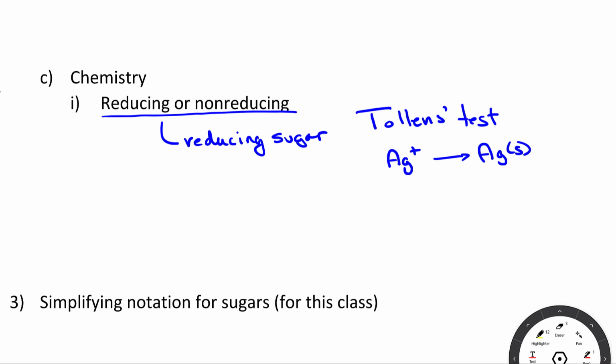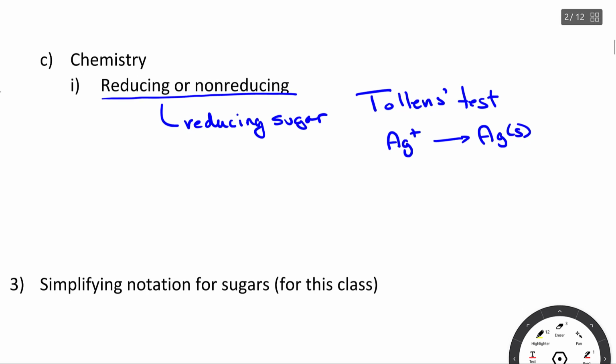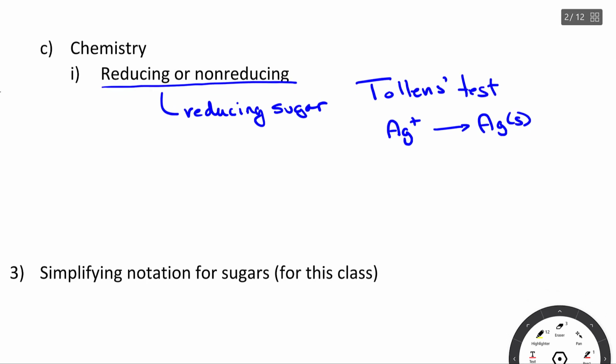But for now, you should know that glucose and fructose can both reduce Tollens reagent. If you look online, people will say that it's only glucose, but that's not quite true. It does happen with fructose, and table sugar, sucrose, is non-reducing.